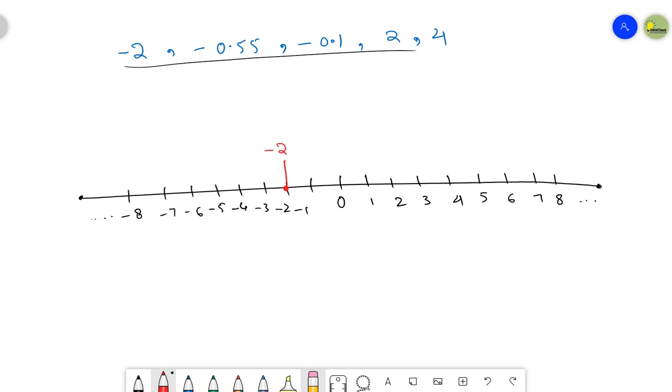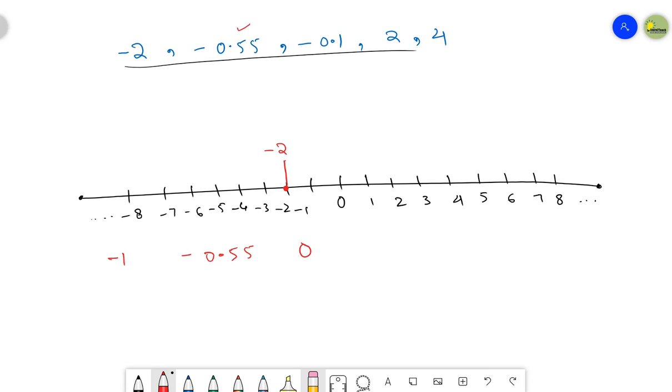Now minus 0.55. Since they are in ascending order, it means minus 0.55 will be placed after minus 2. So we need to find out the two numbers that can have 0.55 in between. So we know that since it's a negative value, it will be smaller than 0, and it will be bigger than minus 1.